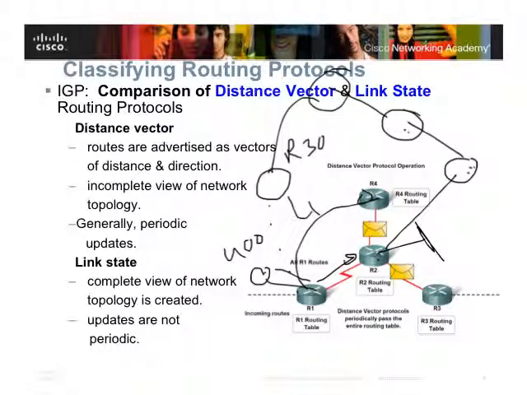So these are the characteristics of the distance vector routing protocol. We have vectors of distances and directions. So all I need to do is to know the actual distance between me and any router in the network, and this distance does not necessarily give me all the information about the topology. This distance is an accumulated distance, but it doesn't give me any information about how I'm actually connected to this router.